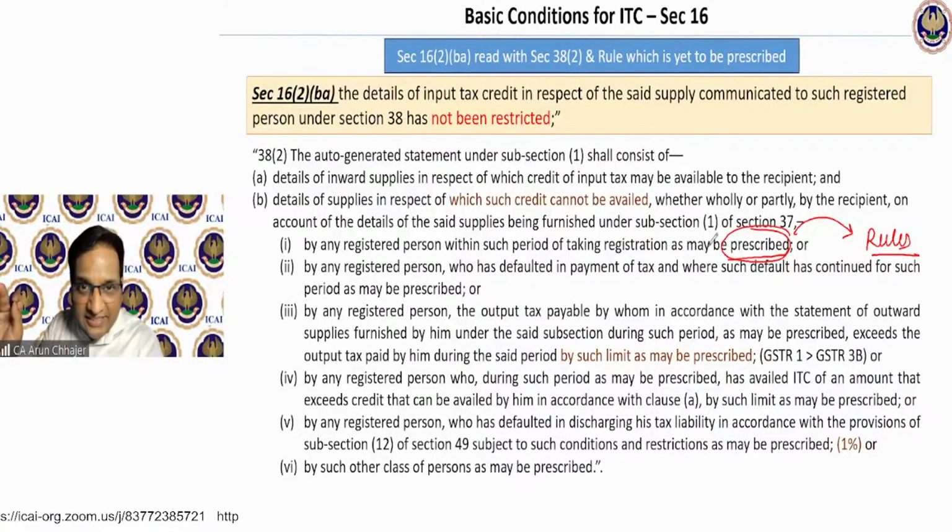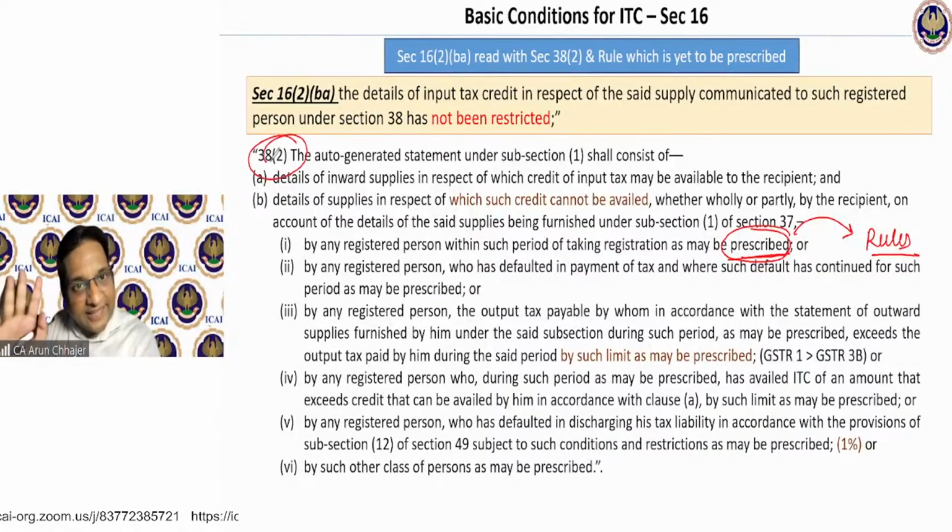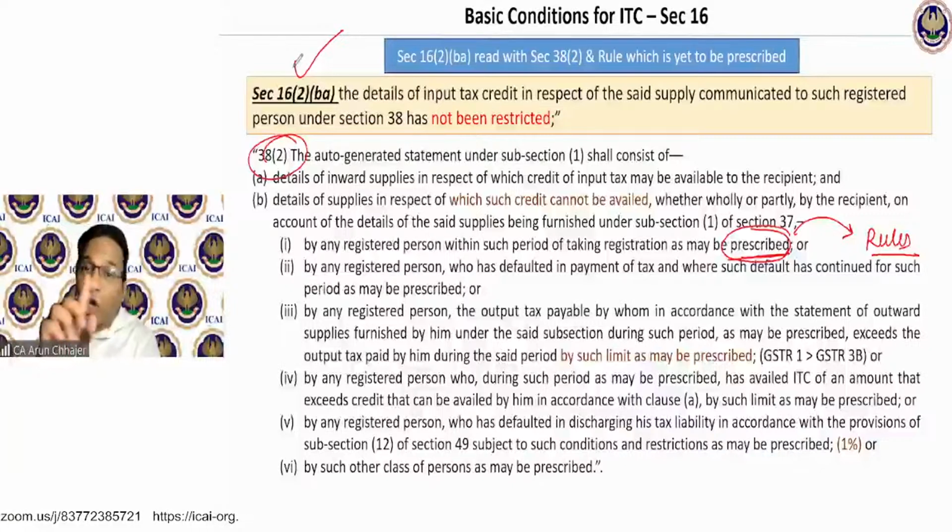Because in GST, as of now, the corresponding rules have not been framed for this section. Therefore, this is one of the conditions which is notified. I'm not saying not notified. The section is notified, no problem in that. It is notified already. But the corresponding rules are yet to be framed. And once they are framed, we will be able to understand how to comply with the same.